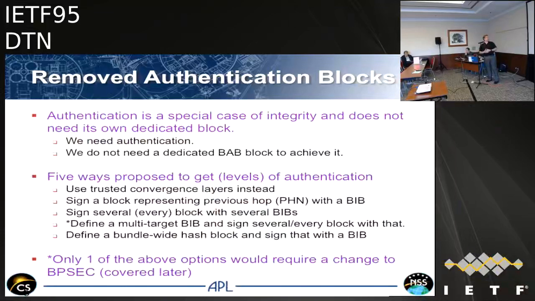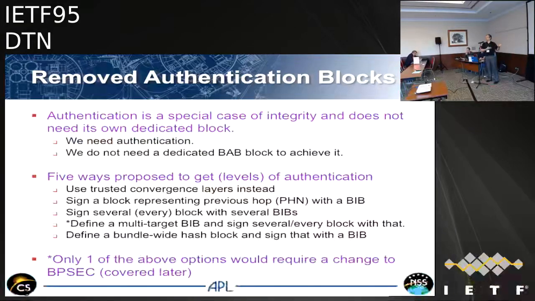And then lastly, we could define a separate block which represents a hash over the entire bundle, much like the BAB block required you to compute, but you could compute that as a separate block and then sign that separate block. In which case, having a block that has a bundle-wide hash signed with the BIB gives you exactly the same functionality that the BAB gave you.